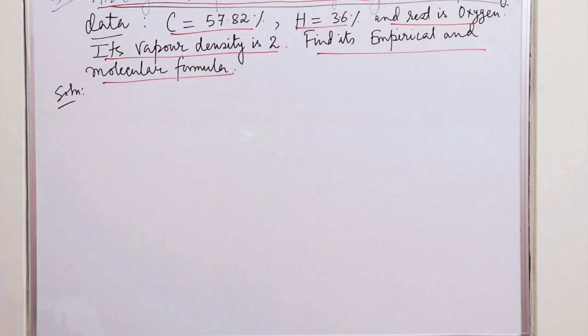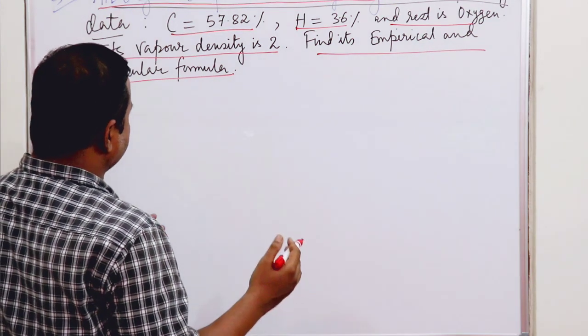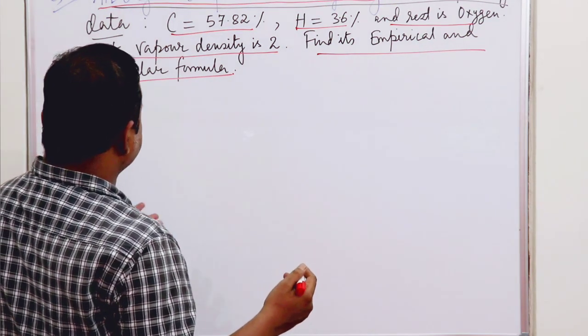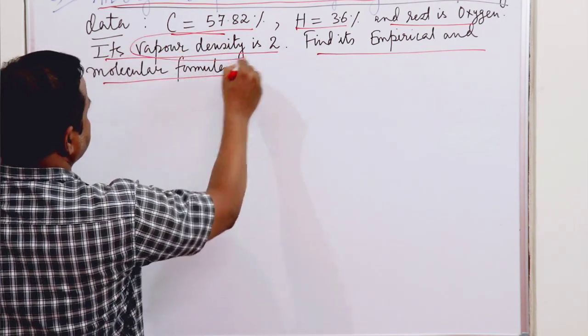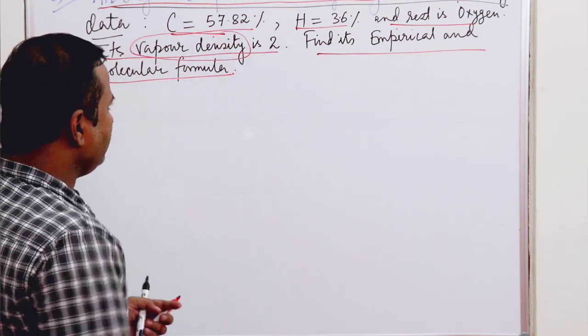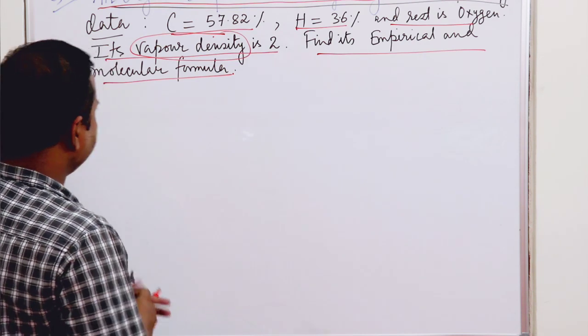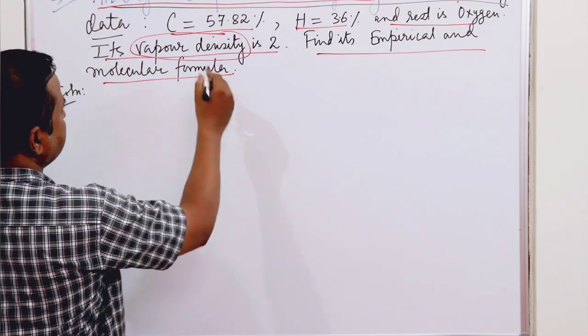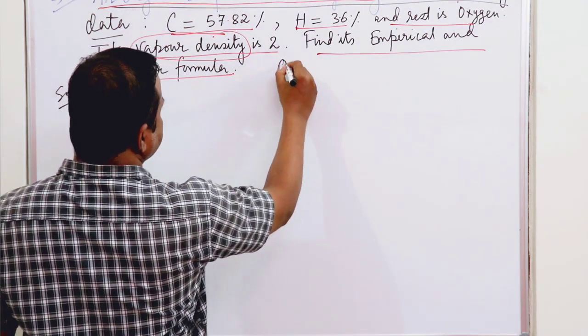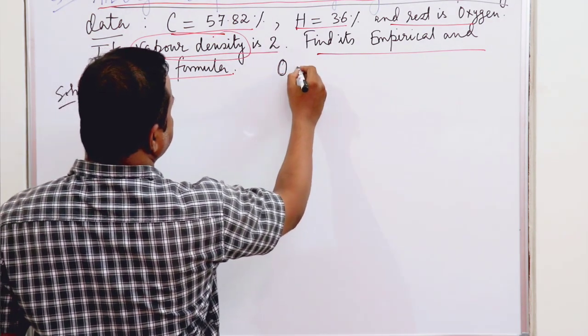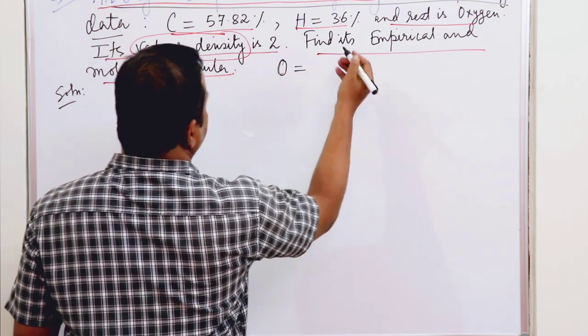So here you are getting one new piece of data, that is its vapor density. This is a new term for you, vapor density. Anyways, we will make use of it here. Now first of all, carbon's percentage is given, hydrogen's is given, but oxygen is not given. How to find out?